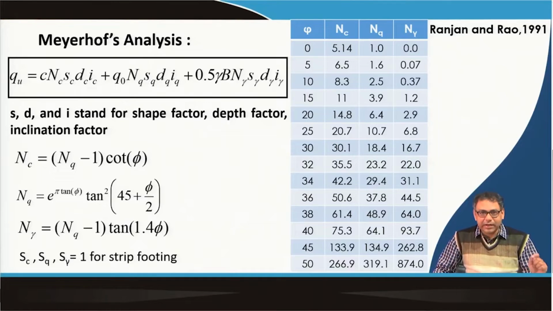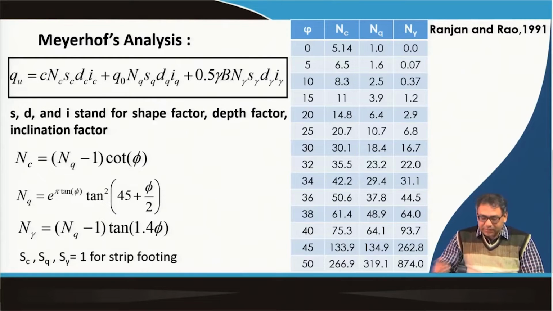Similarly, if the loading is inclined, or for different shapes of footing, like rectangular footing with different L by B ratio and square footing, you can include them. You can also include the eccentricity of the loading, which I will discuss in detail in a later part of this course.